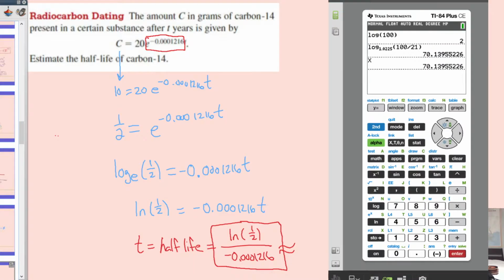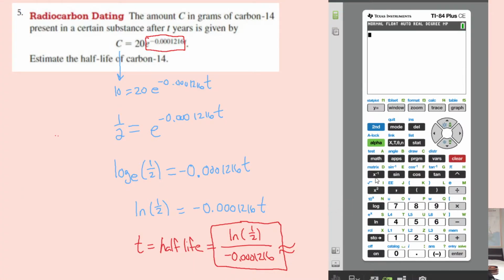Okay, so let's evaluate this thing. Clear? So the ln of 1/2, we can do that easily. And that's this number. We're now going to divide that by negative 0.00011216. And we get that. You guys hopefully did this problem.